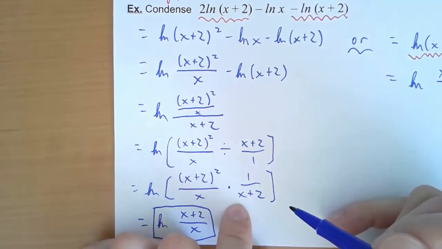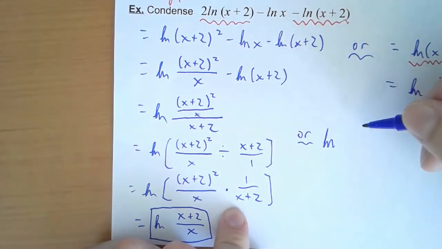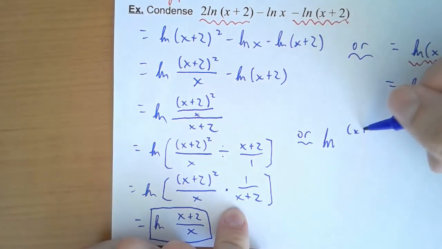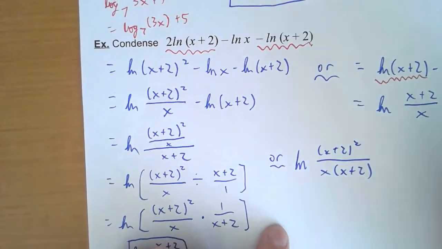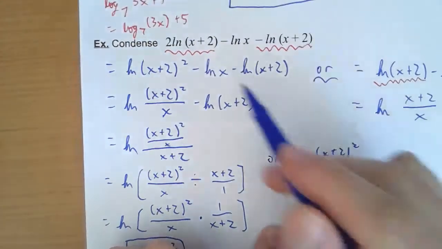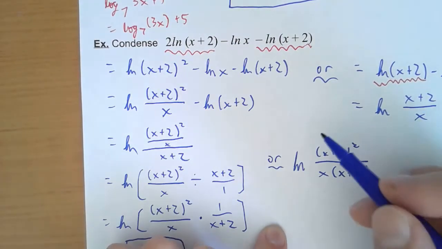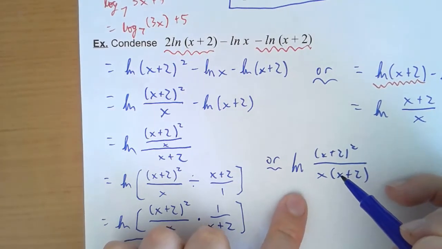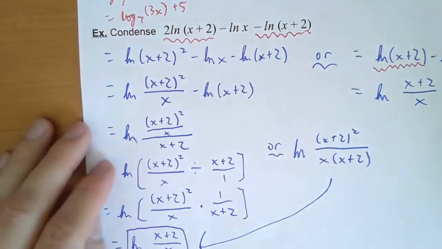So if you wanted to, you could jump right to saying natural log of having the x plus 2 squared, and then the x and the x plus 2 in the denominator. Anything with a negative in front of it would be in the denominator, and then anything that was positive would be in the numerator. So you could jump right to that step, and then get to your answer from there.